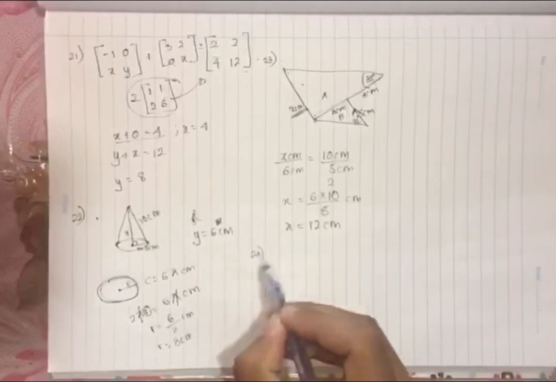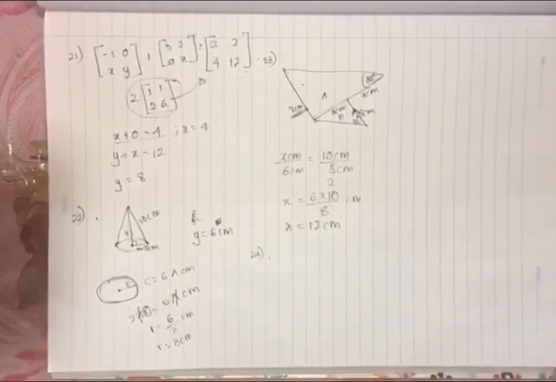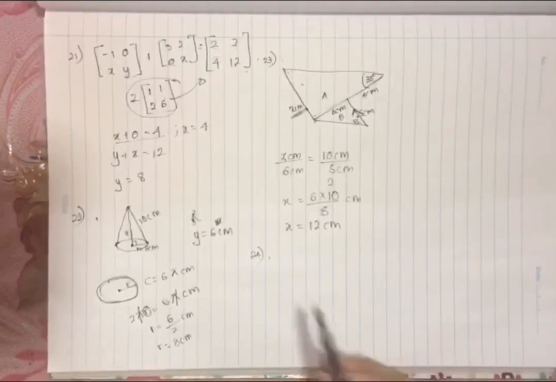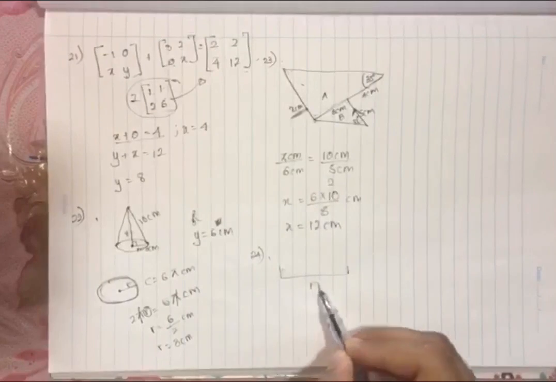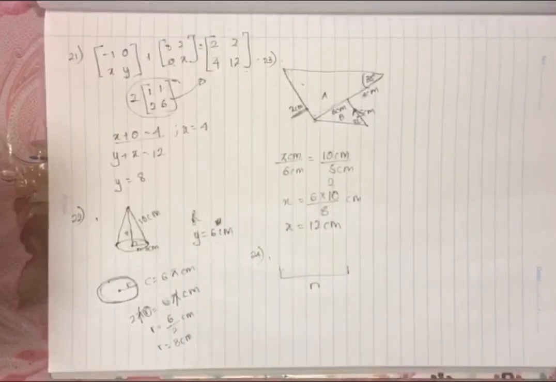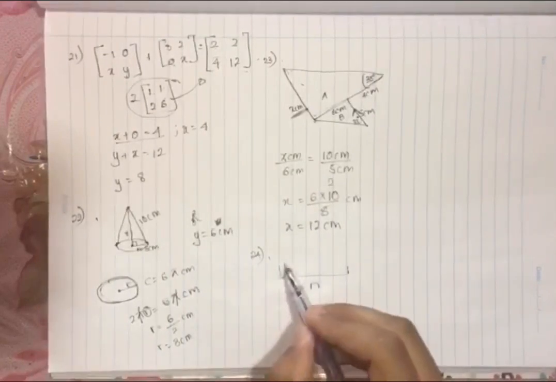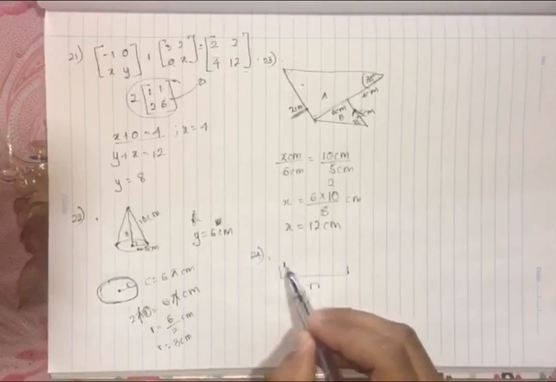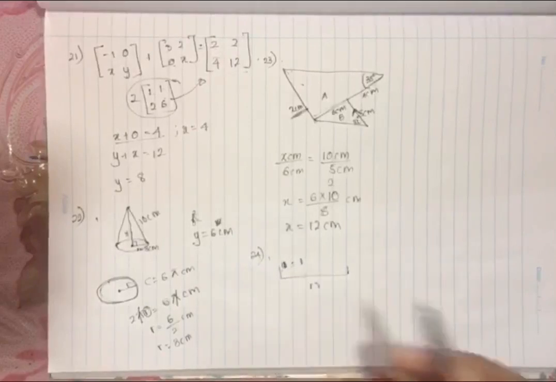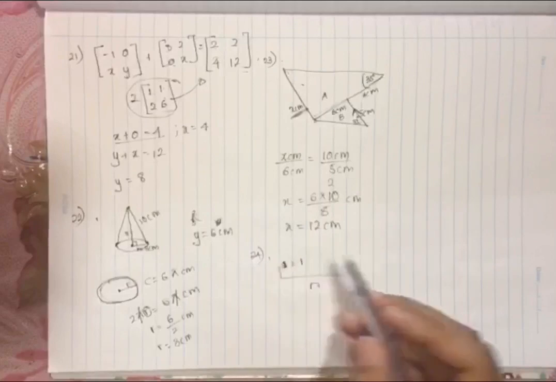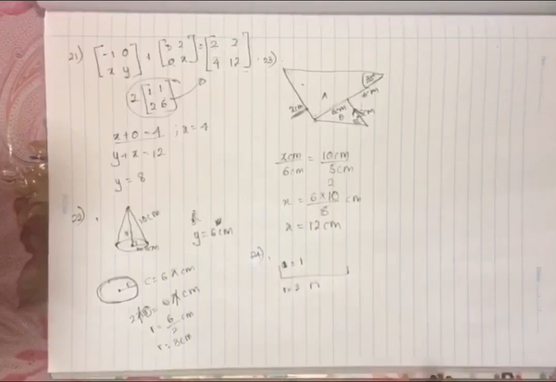And then moving on to the 24th question. They have said to write down an expression in terms of n for the sum of the first n terms of a geometric progression whose first term is 1 and the common ratio is 2. Now how do we solve this?